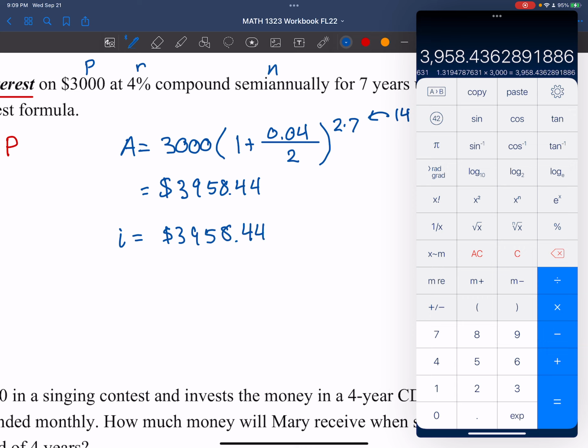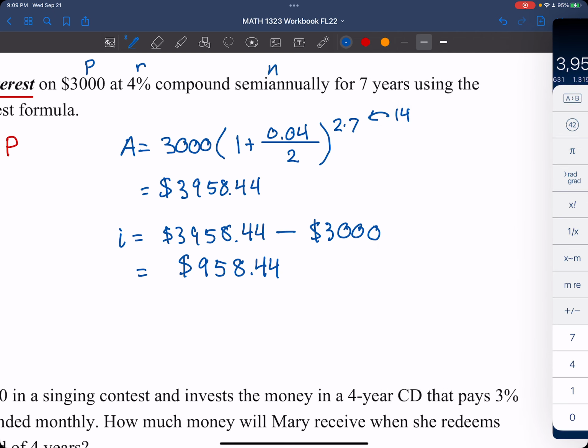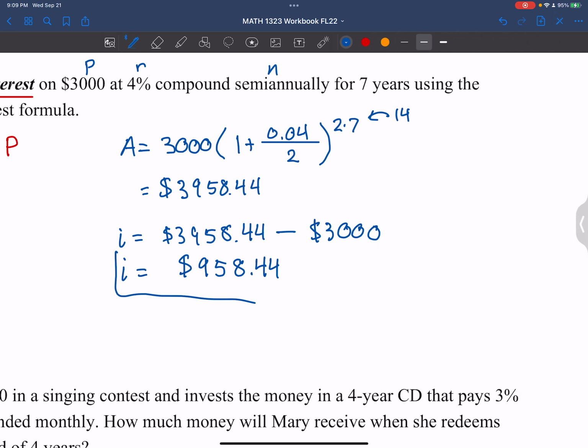And when you take away, in this case, the 3,000 that was initially invested, that gives you 958.44. And you have the interest, which is the final answer to this one.